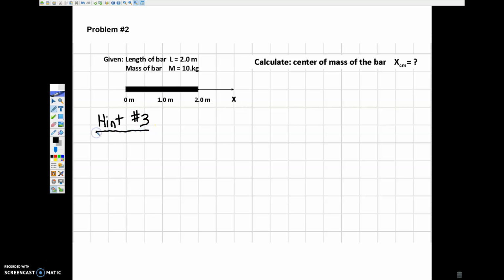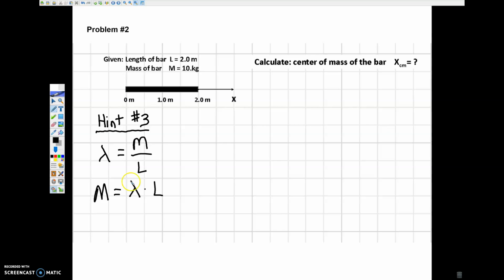Hint number 3. The linear mass density, which equals mass divided by length, well, that equation could be solved for the mass, capital M, and mass equals lambda times the length.